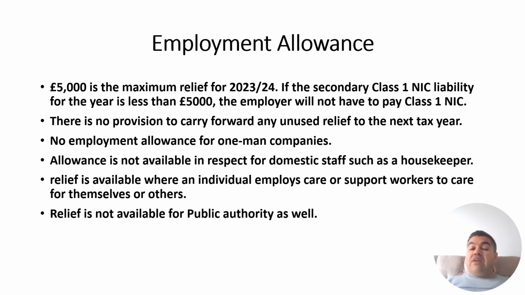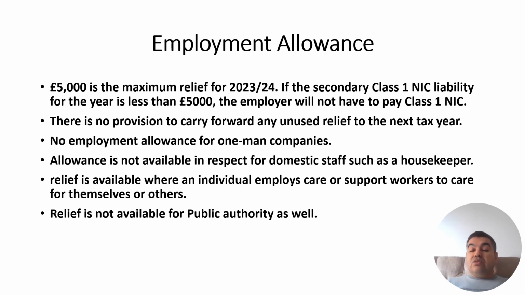If there's one company with more than one employee, and the Class 1 NIC for the year is less than 5,000, the employer will not have to pay Class 1 NIC because it will be covered by the employment allowance of 5,000. There is no provision to carry forward.